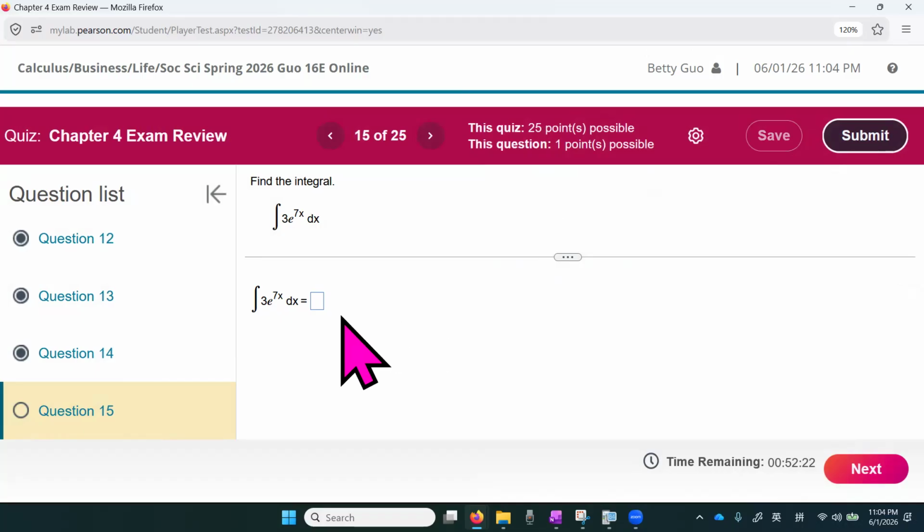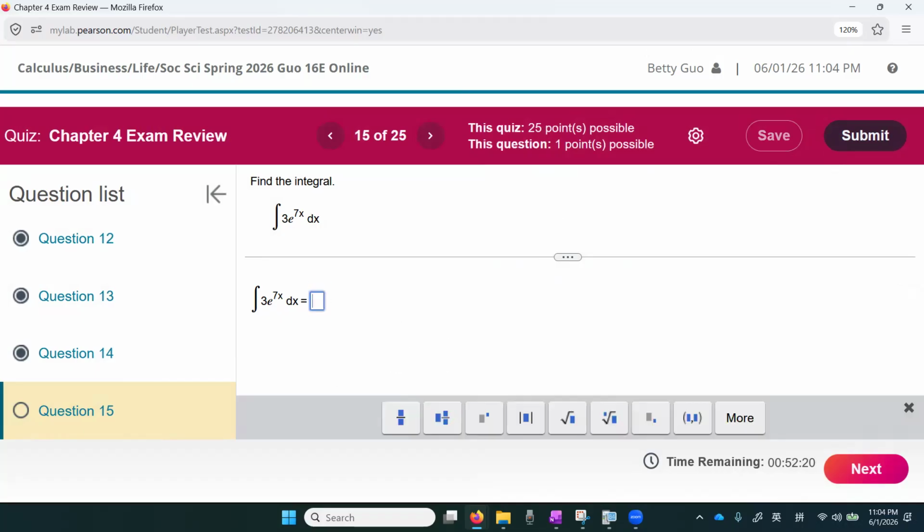This one is going to be 3 e to the power of 7x over 7 and then plus c.